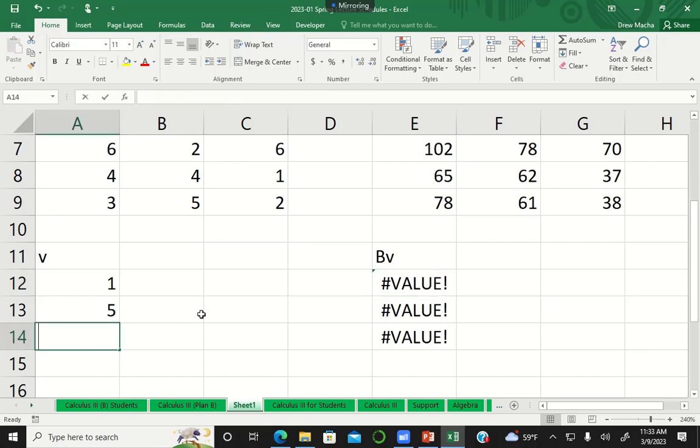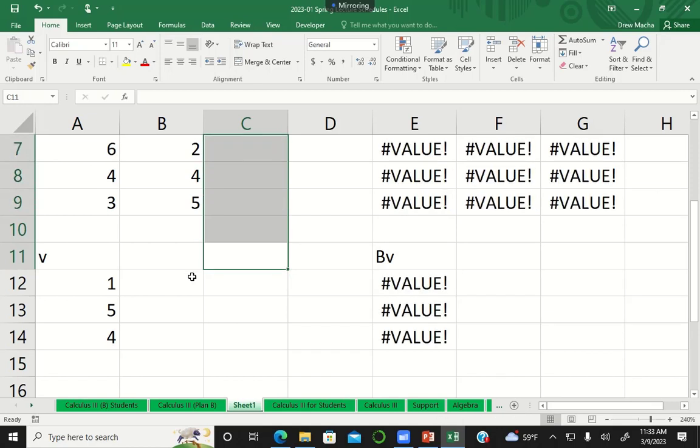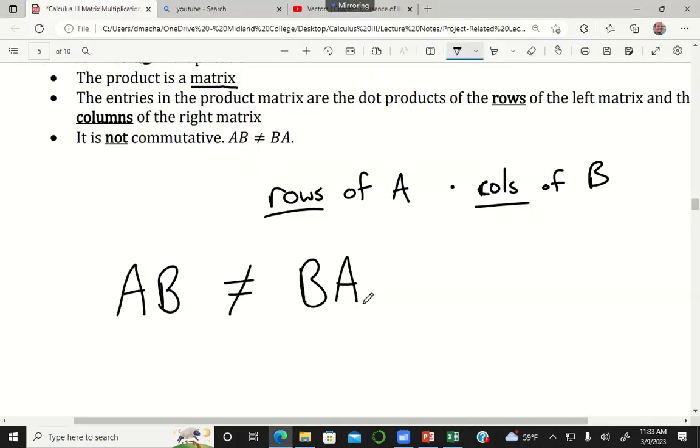Of course, if I have another 3 entry vector, then I'm good. But if I have 3 entries in my vector and only 2 columns in my matrix, then oops, you have another issue. And so you have to have the same number of columns in your matrix and entries in your vector.